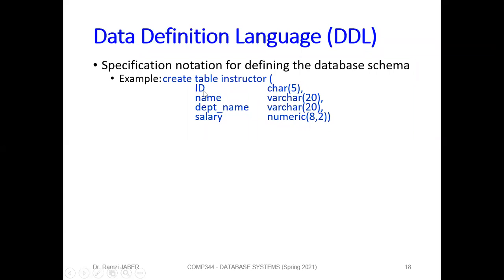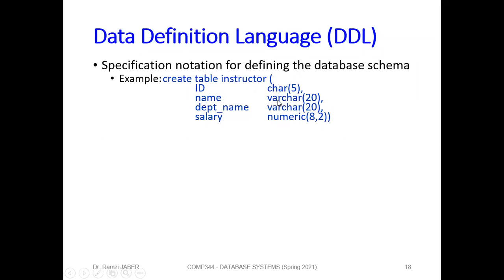This field, ID, in this example is char 5, means 5 characters, and it's fixed length, always 5 characters. Comma, another field, the second field is name, space, varchar 20.